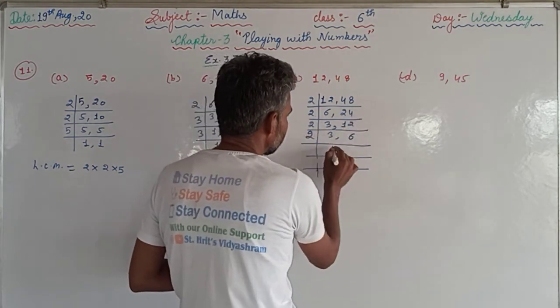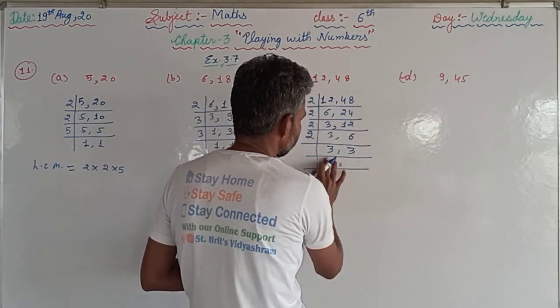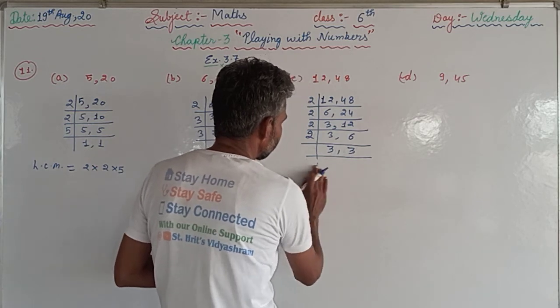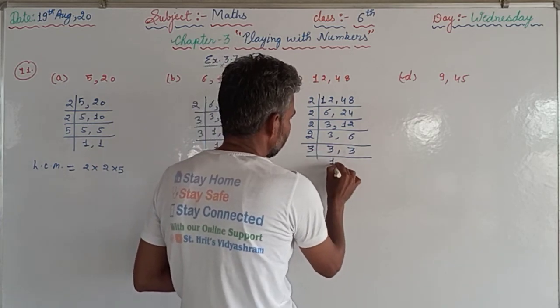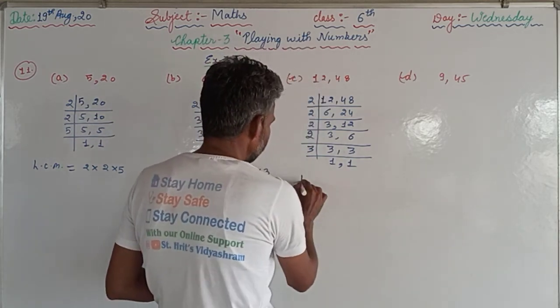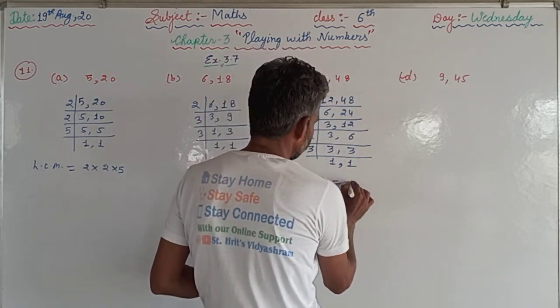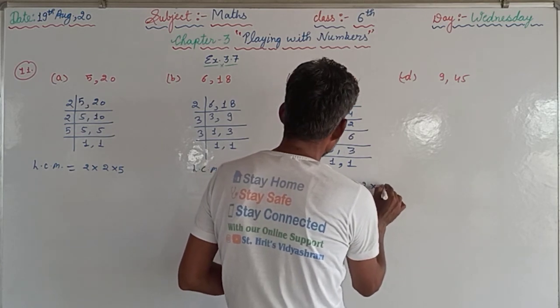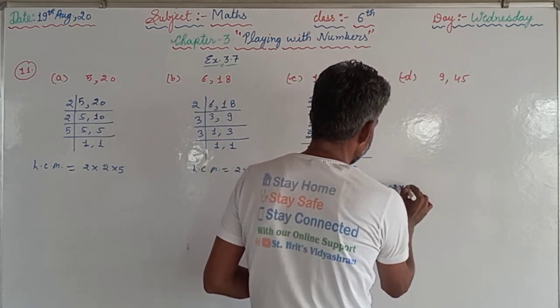Now 2, 3 comma 3. Now we have to divide by 3, 1 comma 1. So the LCM will be 2 comma 2 comma 2 comma 2 comma 3.